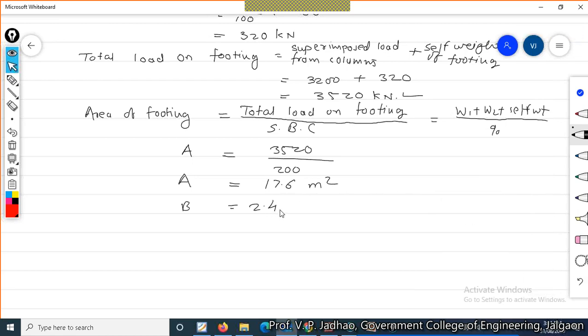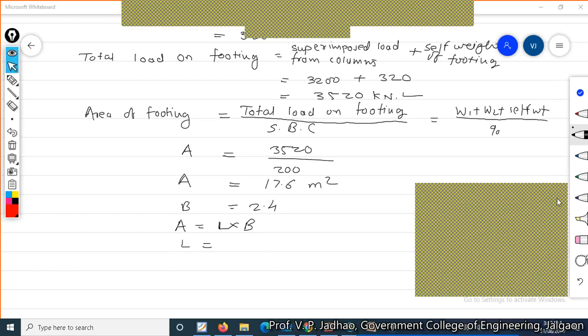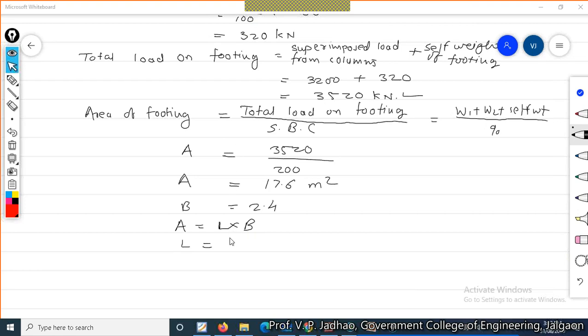So the width is given as B, and we know that the area of footing is equal to length into breadth. So this L is equal to the area of footing divided by breadth. We have area of footing equal to 17.6, so 17.6 divided by the breadth of footing, 2.4 meter.